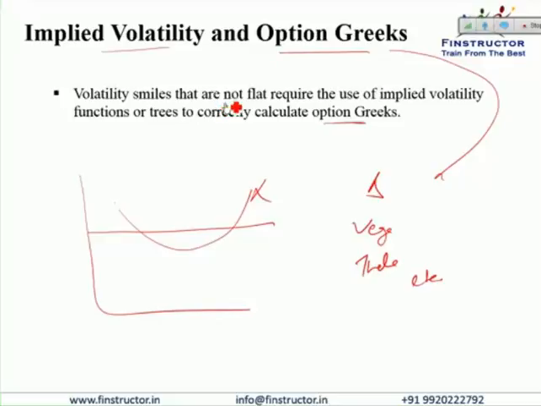If volatility smiles are not flat, there is a smile or a smirk, then we require the use of specialized functions to correctly calculate option Greeks. Details of these functions you don't have, but just know that implied volatility smiles will affect option Greeks. That is, if the implied volatility structure is not flat, then option Greeks may not be correctly calculated.